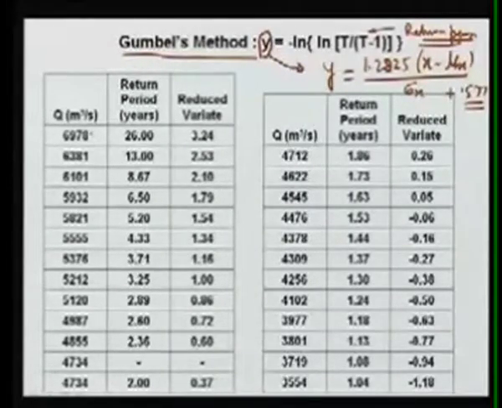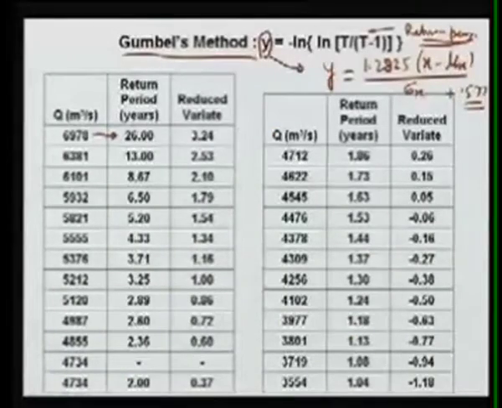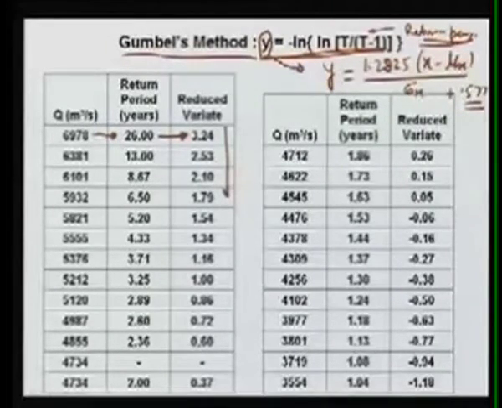So for any particular Q, we can obtain the return period, which is the same as we have shown here. This Q 6978 has a return period of 26, and for this return period we get the reduced variate using this equation, and therefore this reduced variate versus Q plot can give us a method of extrapolating the value of Q for a higher return period.